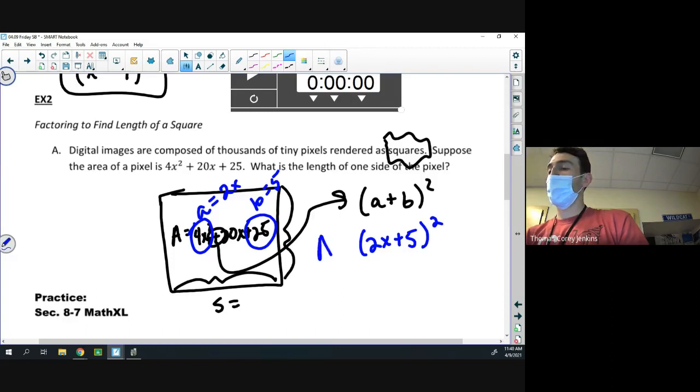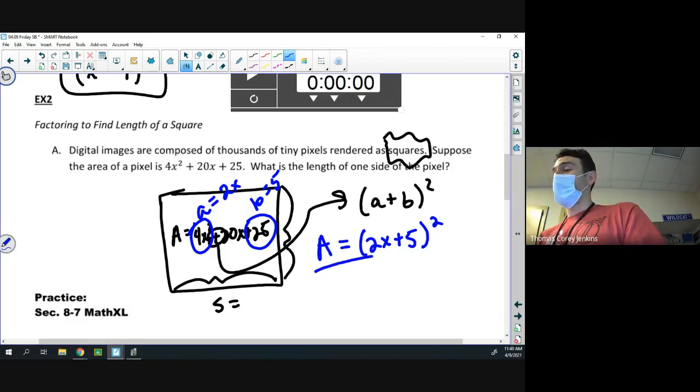So that's what the area is equal to. If you had this on a test, I would say you did it right. Math XL would count this one as incorrect. Can anybody tell me why, based on the last sentence? What's the wording of the last sentence? Yeah. What is the length of one side of the pixel? So can anybody tell me what the length of just one side would be?